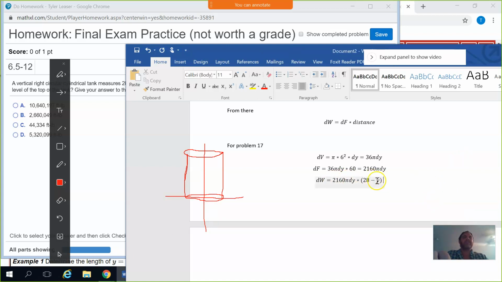Then you just distribute into here. I need to figure out what 2,160 times 28 is. A big number: 60,480. It's going to be 60,480 pi minus 2,160 pi y, and this whole thing times dy on the outside.